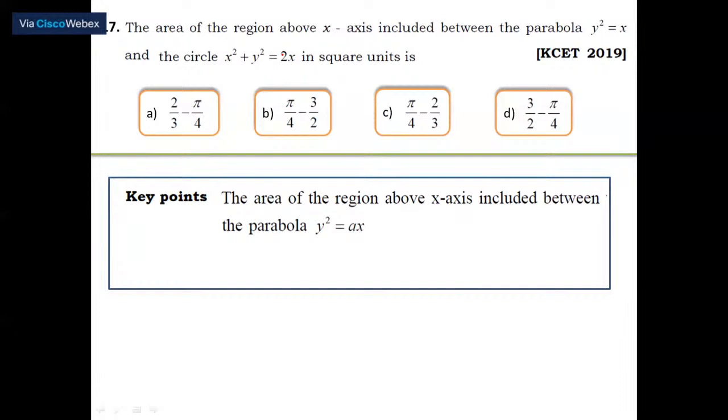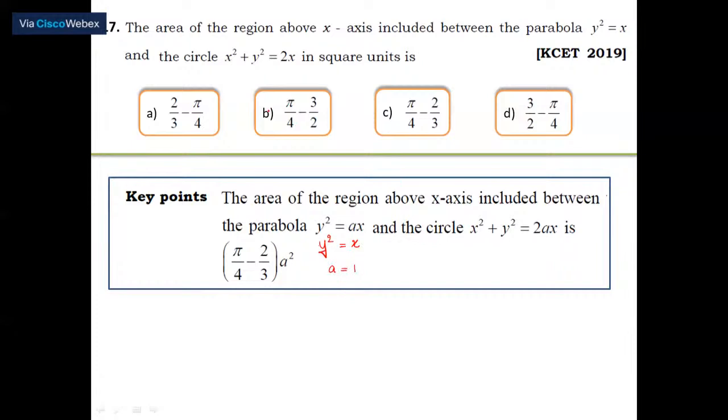The area of the region above the x-axis included between the parabola y square is equal to ax and the circle x square plus y square is equal to 2ax is pi by 4 minus 2 by 3 into a square. But here the equation of the parabola what we have is y square is equal to x. That means a value is 1.